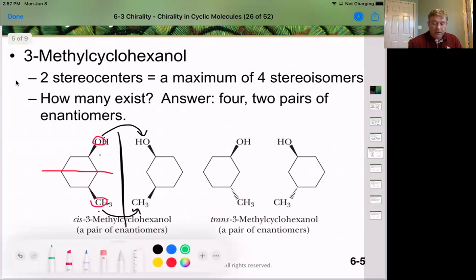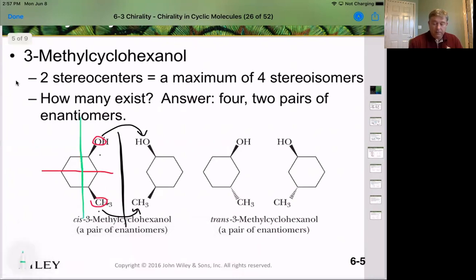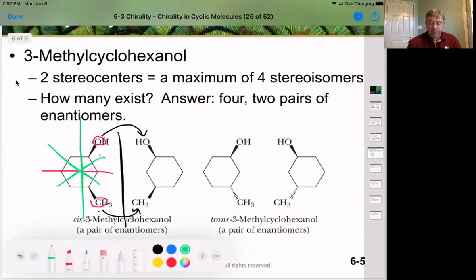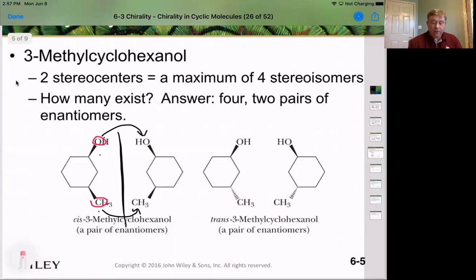We can't draw it here because the groups aren't on the same side. We can't draw it here or here. So we do not have a plane of symmetry in this compound, and therefore we do have a true pair of enantiomers.